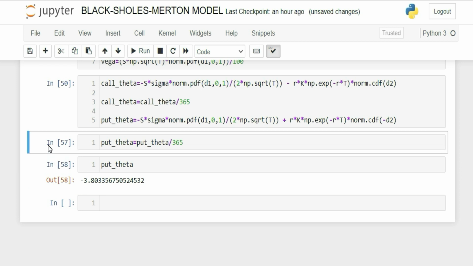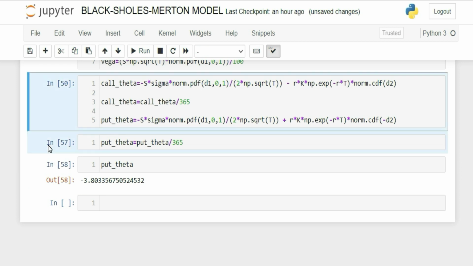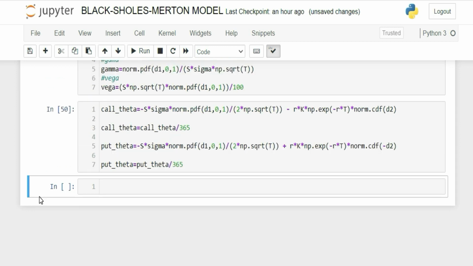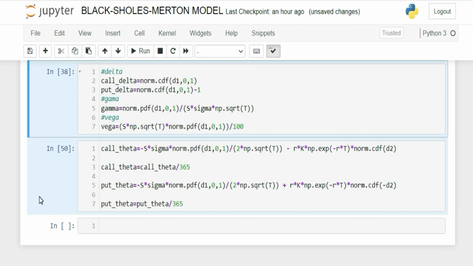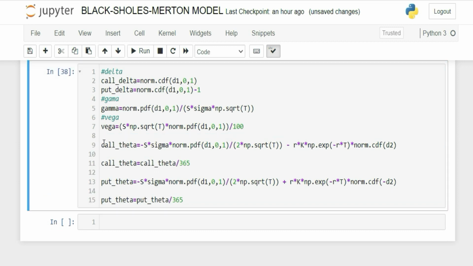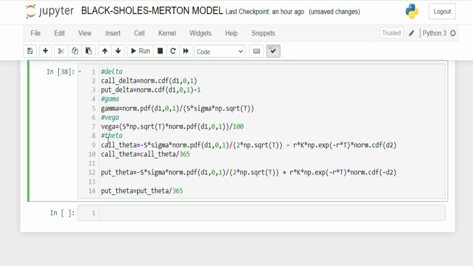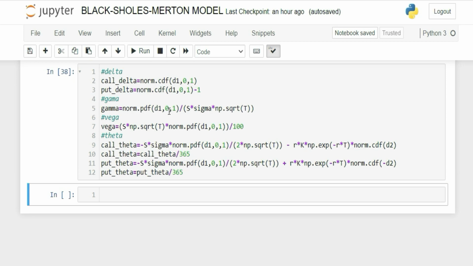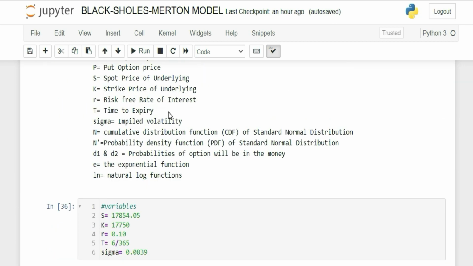Okay, so let's put it together, and I don't need this one. So this is your theta. Now next, we got delta, gamma, vega, theta, and now we are going to calculate the last one, which is rho.